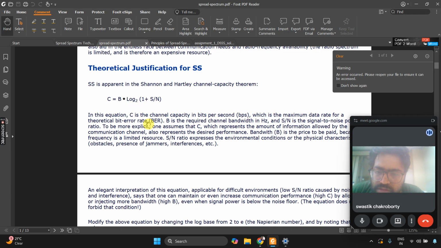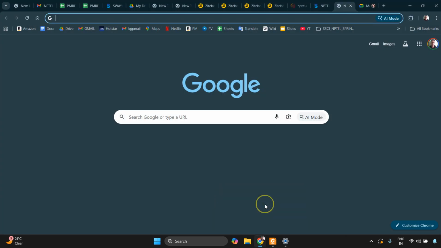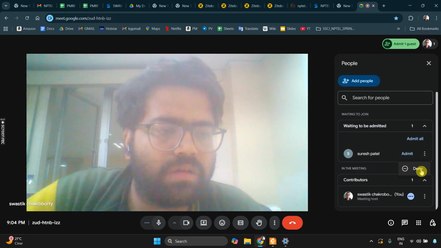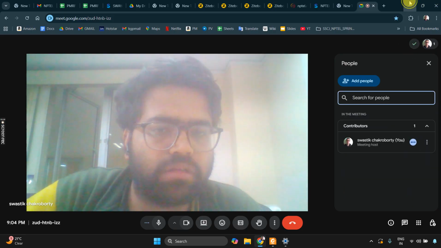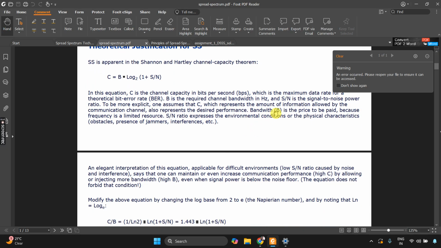How? In this equation C is the channel capacity, which is the maximum data rate for a theoretical BER. B is the required channel bandwidth and S by N is the signal to noise power ratio.